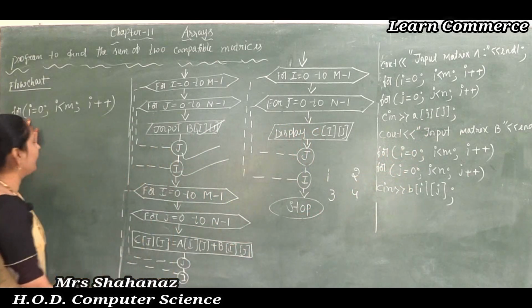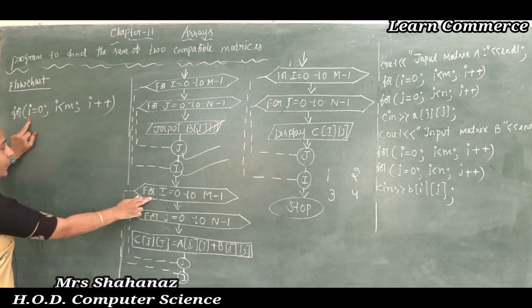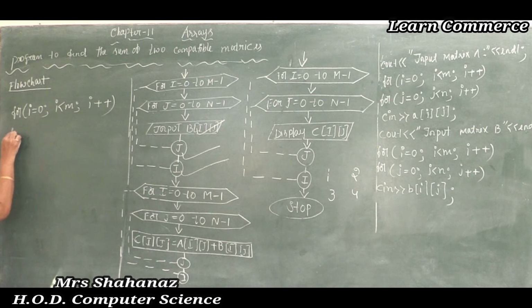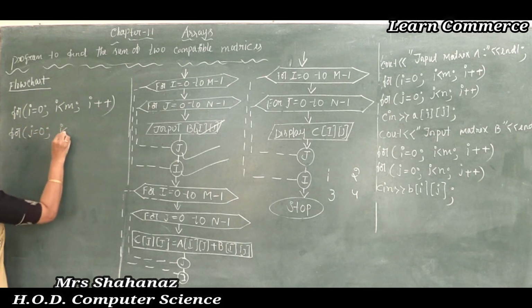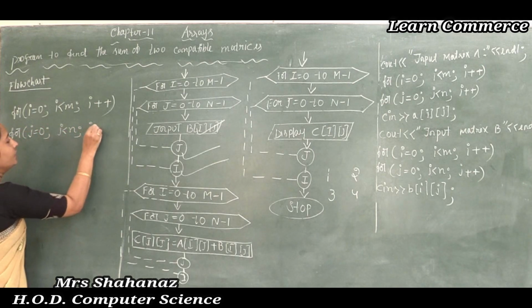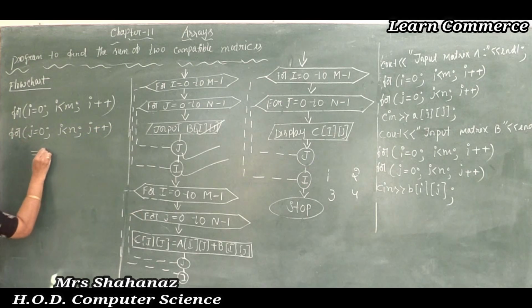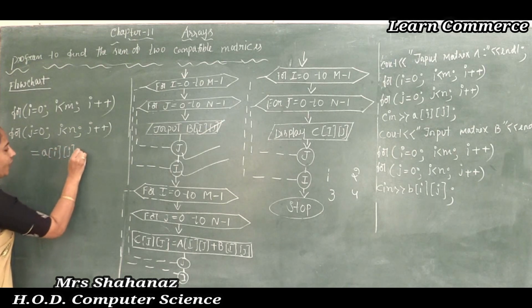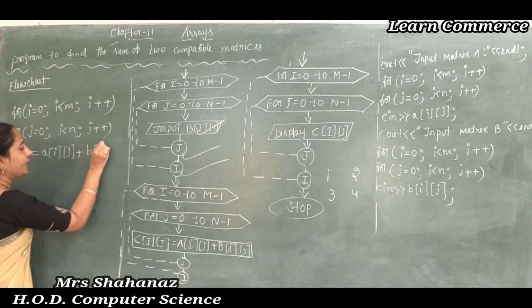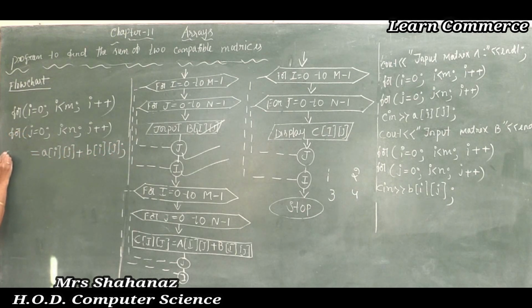So I am writing the code. Now I am using this code here: i = 0, i < m, i plus plus, for j = 0, j < n, j plus plus here, and later, as we know, the a of ij plus b of ij here, such value is going to be added into the c of ij.